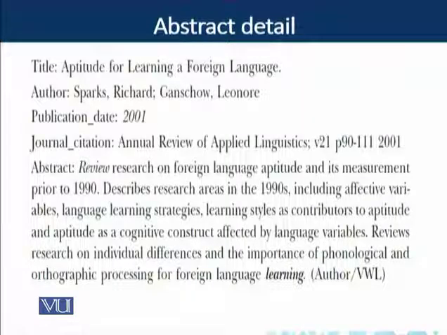One more example I would like to share is this abstract, again given in a database. The database maintains the title: aptitude for learning a foreign language. But from this title, again, we cannot determine whether it's a primary study or a position paper, because nothing is clear from it. The authors are Sparks, Richard and Ganschow, Leonore.